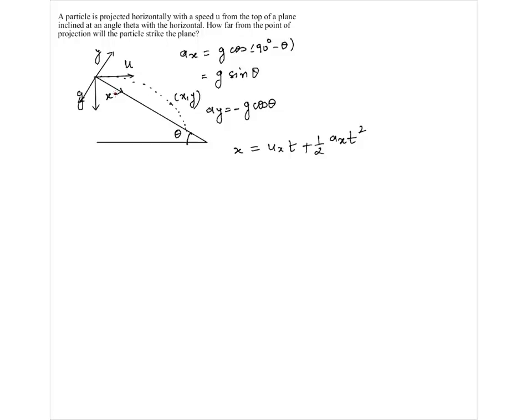Sir, u cos theta? U cos theta. That is correct. So this angle is theta, so it will be simply u cos theta.